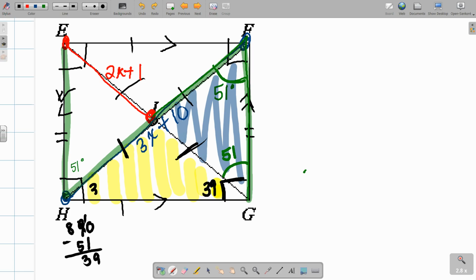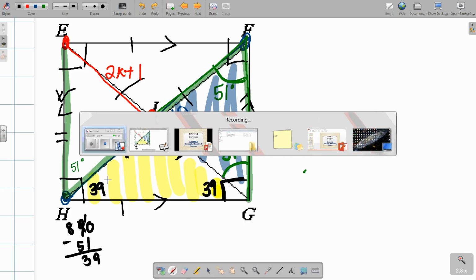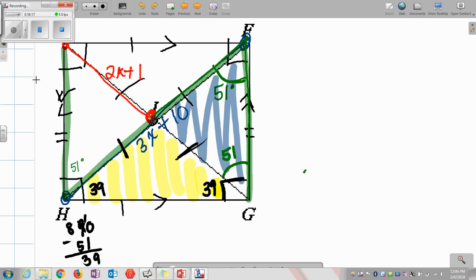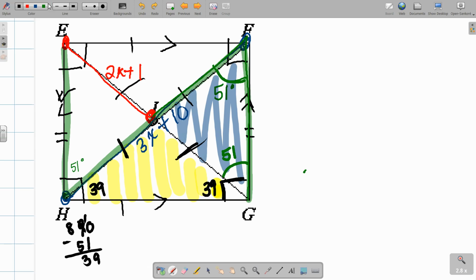Isosceles, 39. And of course, because of armpits of the Z, like this, you can bring that 39 up. 39, excuse me, 39. Isosceles, 39. 51. 51.